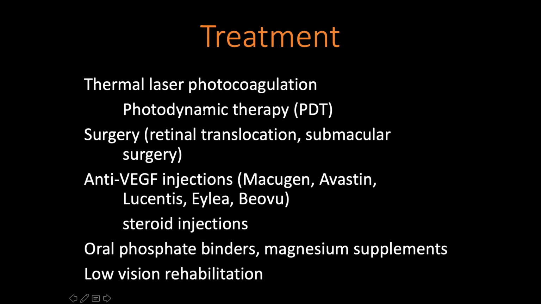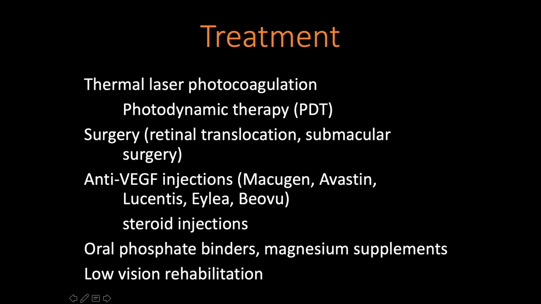So photodynamic therapy or cold laser became a treatment available for vessels that were located under the center of the retina. This did not cause a scar, but it was effective only in slowing the vision loss. It didn't really stabilize patients or improve the sight in patients.